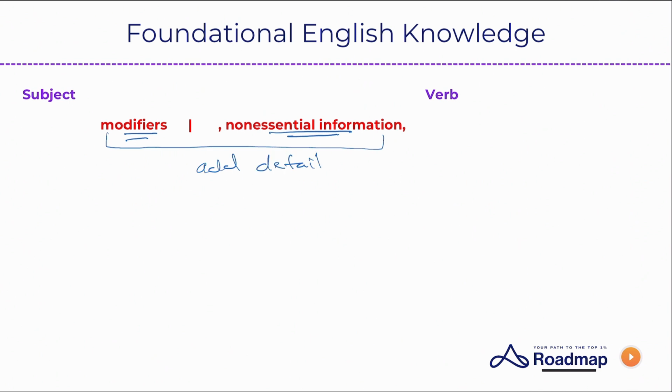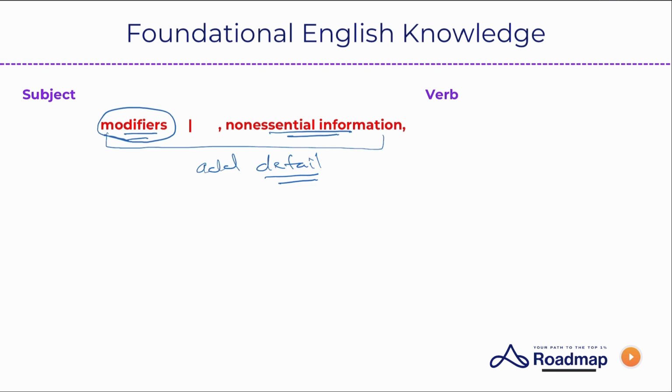A modifier is basically a group of words that describes something in the sentence, and we'll talk about what that something is. It's usually a noun. Modifiers describe or modify something in the sentence, and there are different types that you want to be aware of. We'll go over them with some examples.